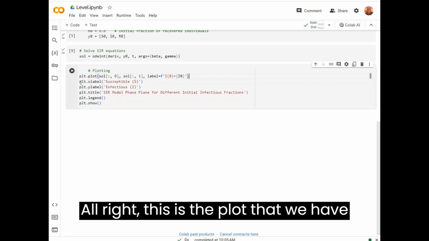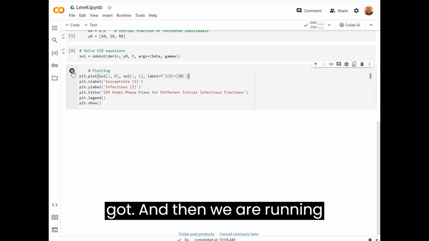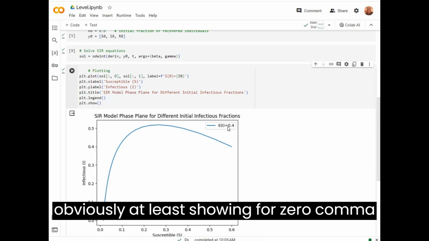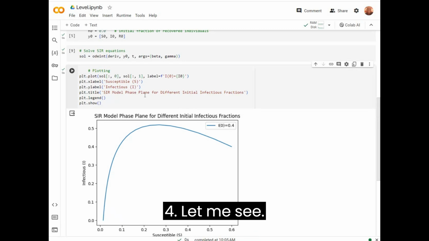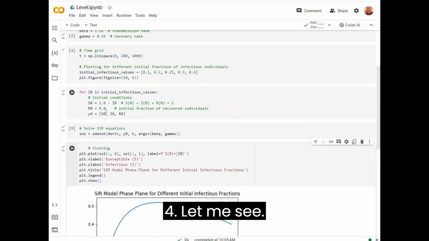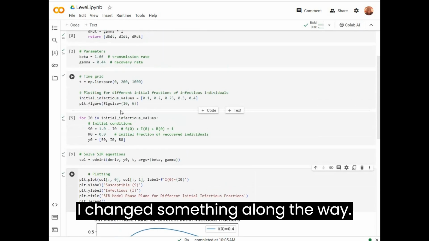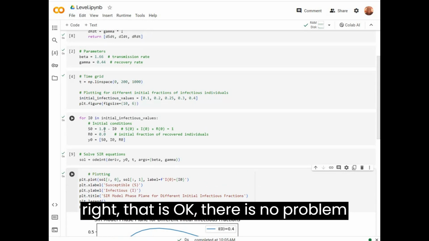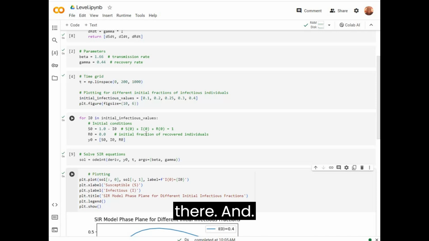All right, this is the plot that we have got, and then we are running this code. It's still giving me the problem. My legend obviously is showing only 0.4. Let me see. I changed something along the way. I changed my initial value here. That is okay, there is no problem there.